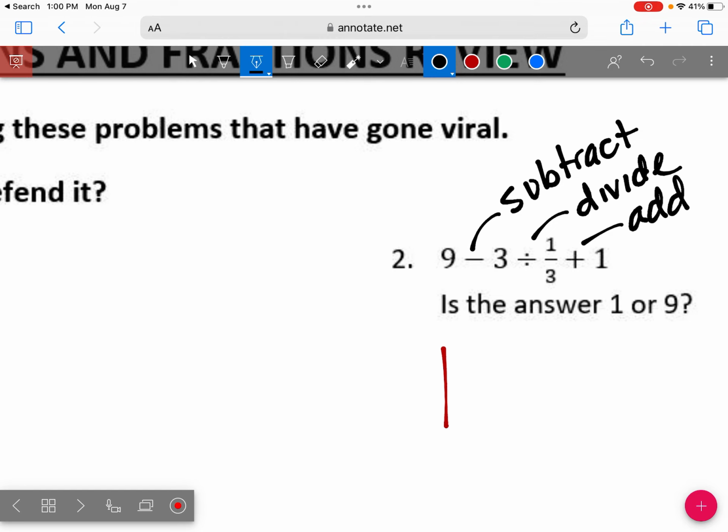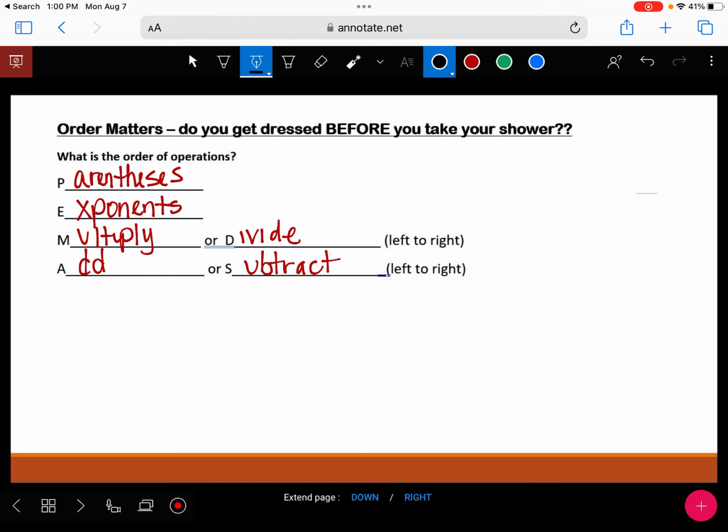So according to order of operations, what would I do first? Looking at the order of operations that we have written down, what do we say comes first? If you look at the stair step, see how the division comes before adding or subtracting. So we're going to divide first.